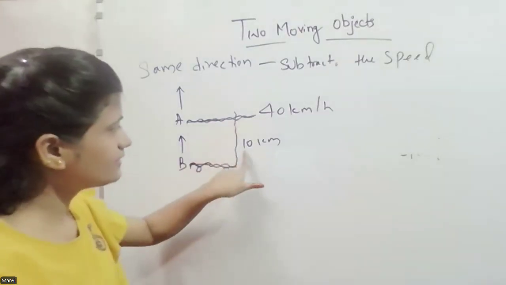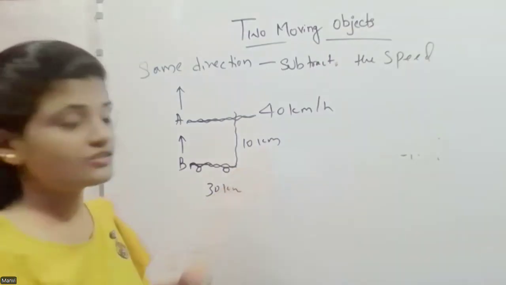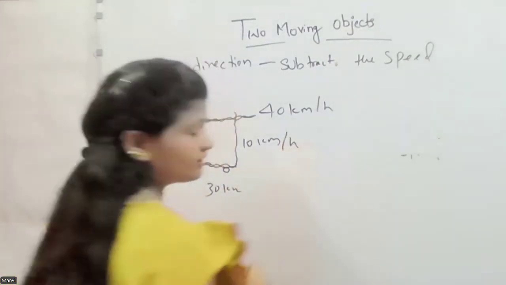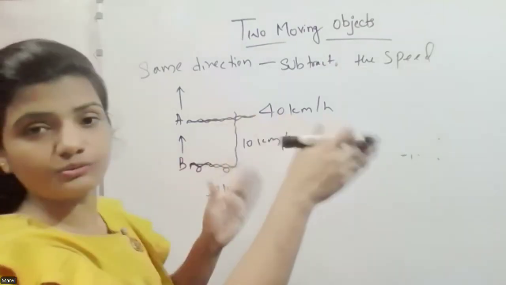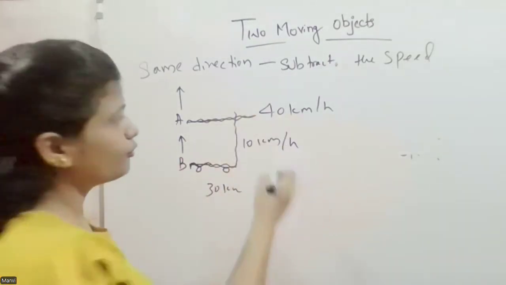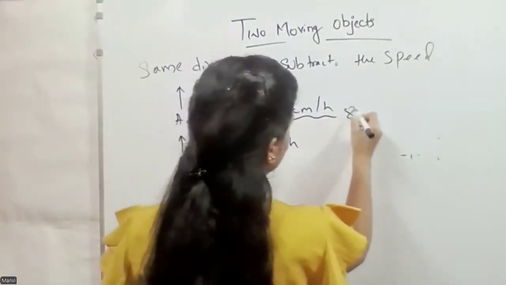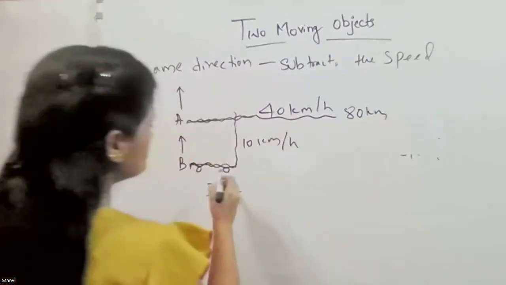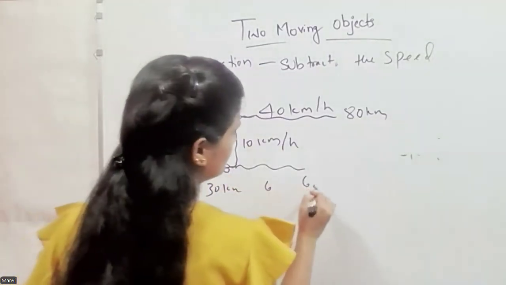So the gap is 10 km in 1 hour, and this gap continues. When train A reaches 80 kilometers, then train B reaches 60 kilometers, right?